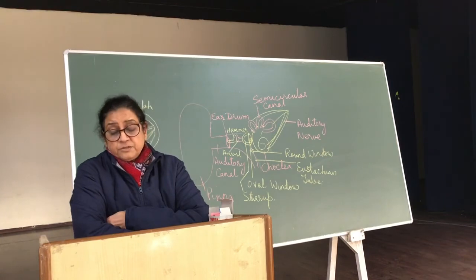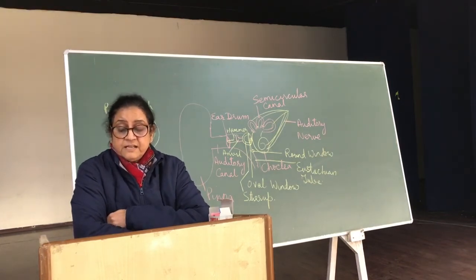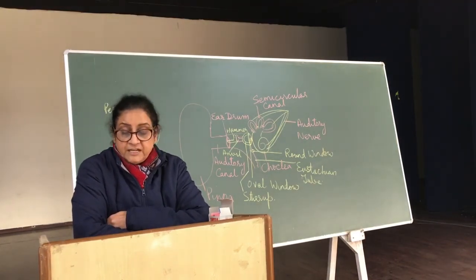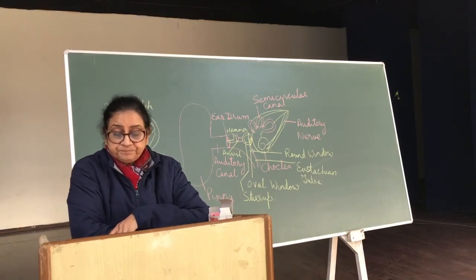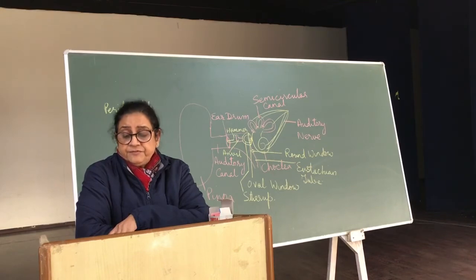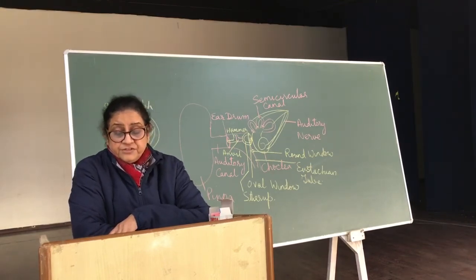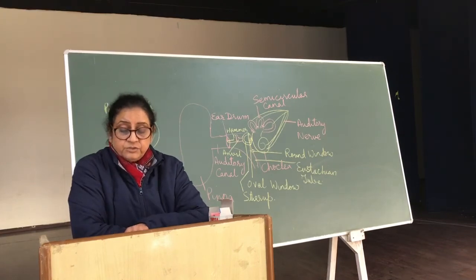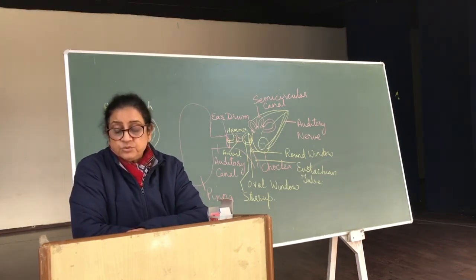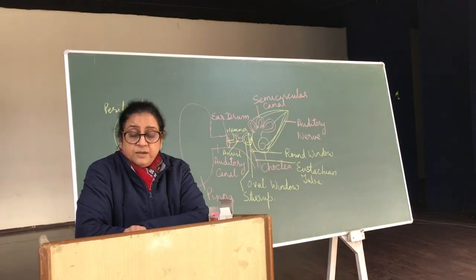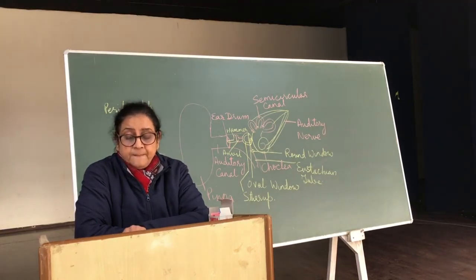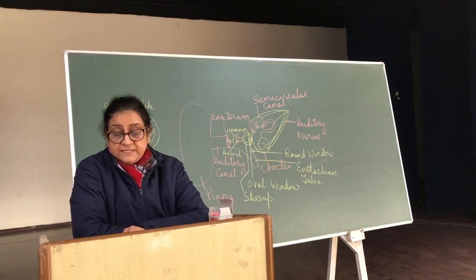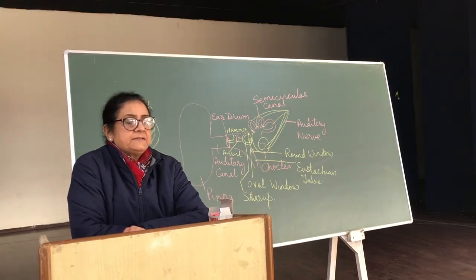Then the other part of the inner ear is a set of 3 semicircular canals, which are arranged at right angles to each other in 3 different planes, so that one is horizontal and the other 2 are vertical, and one end of the canal is widened to form the ampulla, which contains sensory cells for dynamic balance.